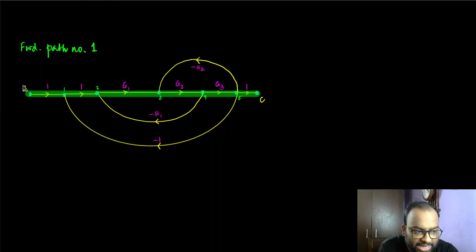If a signal started from this point and ended up at this point, what is the gain it faced? It faced a gain G1, then G2, and then G3. So the gain it encountered would be G1 times G2 times G3. So forward path 1 had a total gain of G1 times G2 times G3.